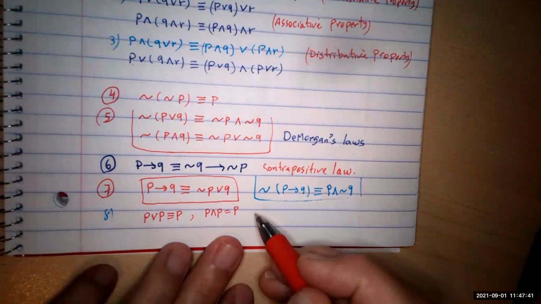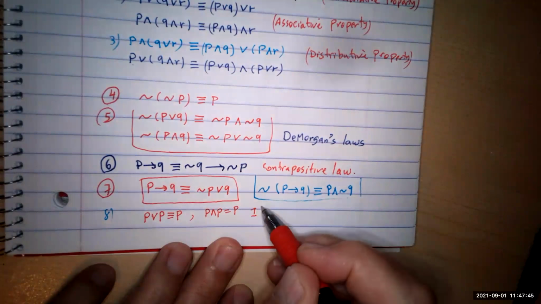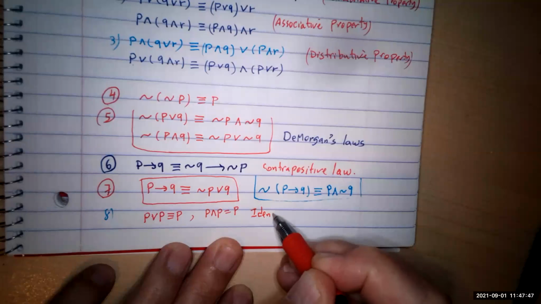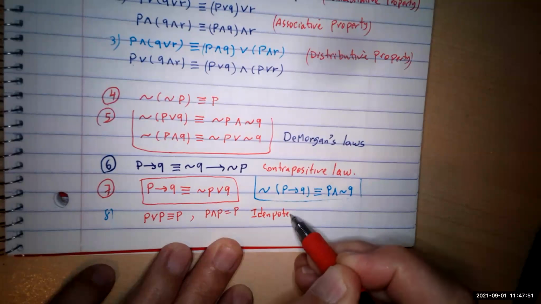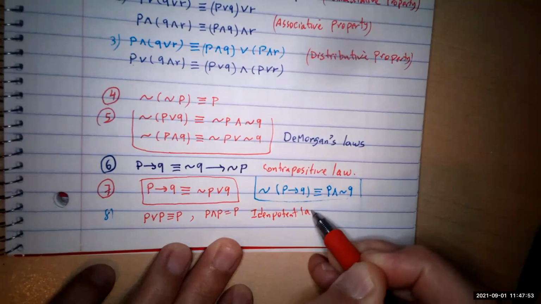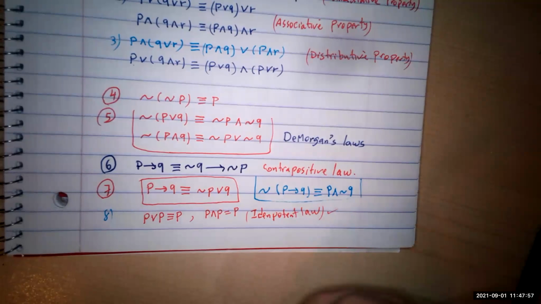Just want you to see this name in your book. They don't use the projection, so this is going to be the idempotent law. So this means you are not going to go with any power to get these numbers.